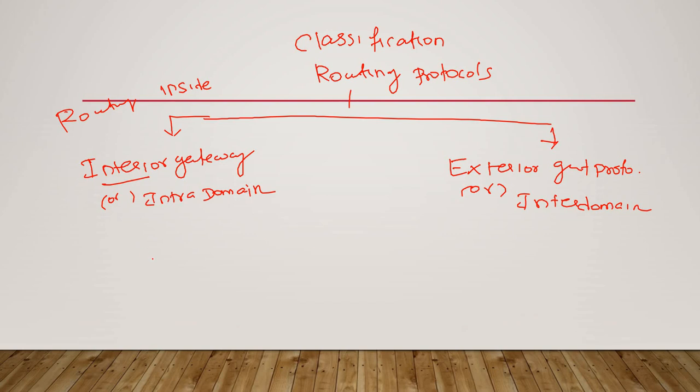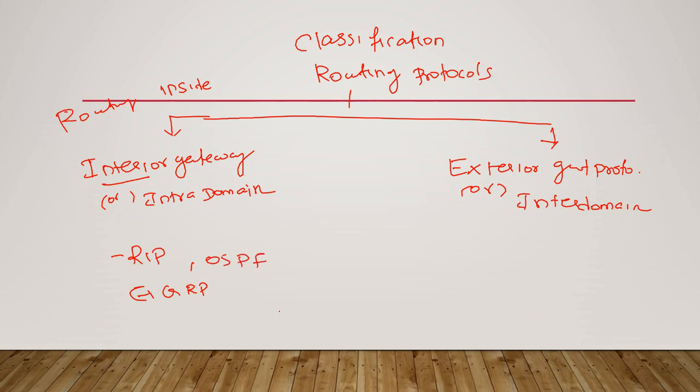What are the interdomain and intra-domain routing protocols? Previously we discussed which protocols are available: RIP, OSPF, BGP and so on. Under this classification, which type do they come under? First, the basic one, RIP, is an intra-domain, interior gateway protocol, as are EIGRP and OSPF.